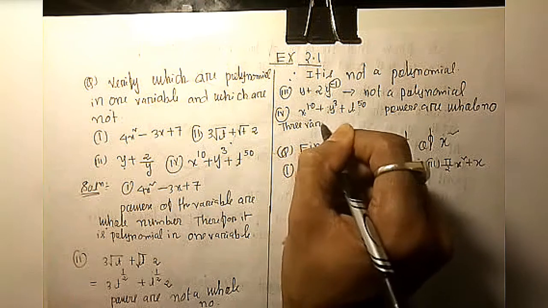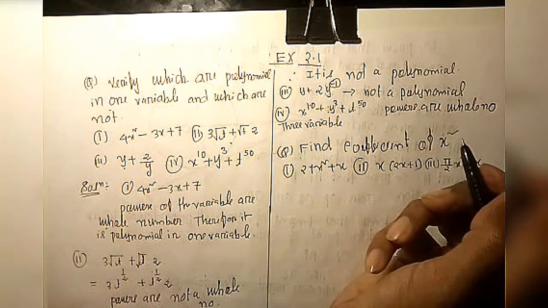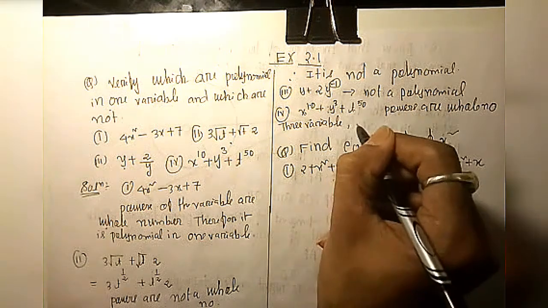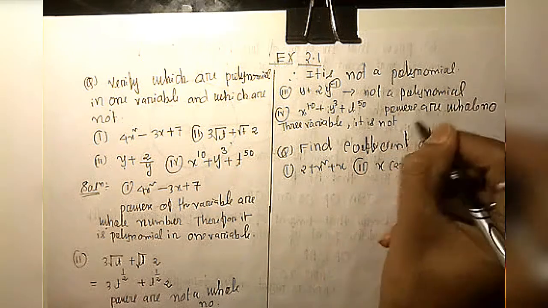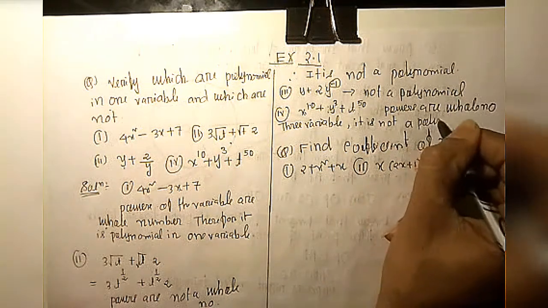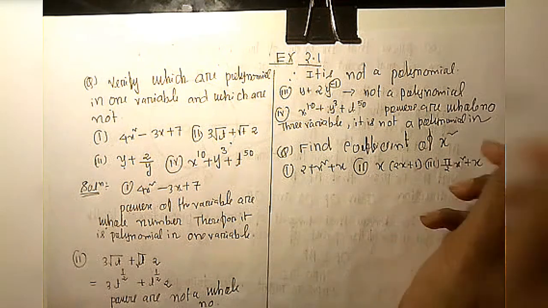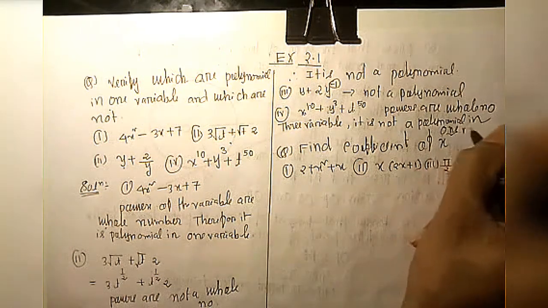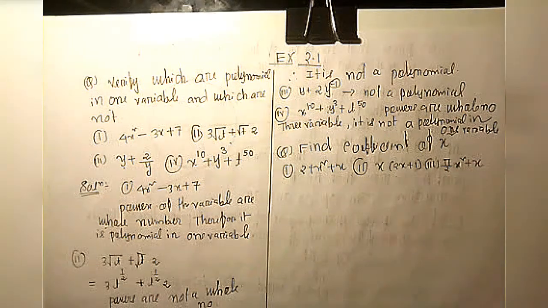There are 3 variables, x, y, t. So, it is not a polynomial in one variable. It is a polynomial, but in 3 variables, x, y and t, not in one variable.